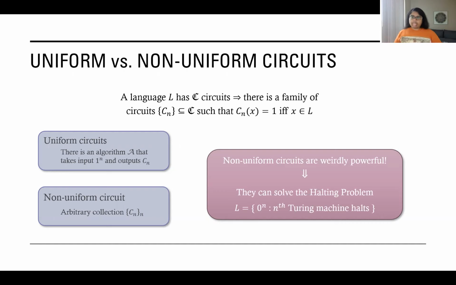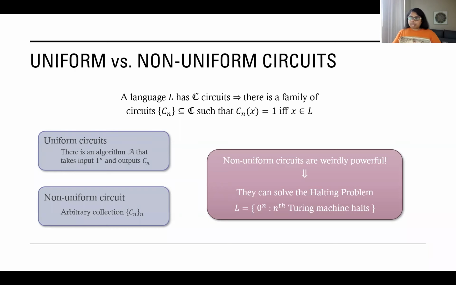So the string n constructs some kind of a Turing machine, and if that Turing machine halts, then it's in the language. So for some fixed input length, maybe you have a structure there, but for length n plus 1, maybe there is no structure in there. And somehow a non-uniform circuit family, by collecting just arbitrary circuits without any structure in them, can solve the halting problem. So you have some weird things happening here.